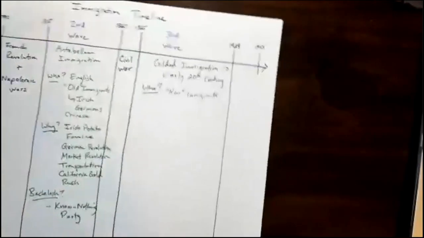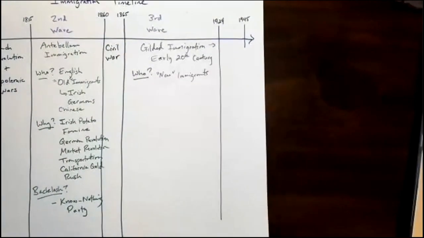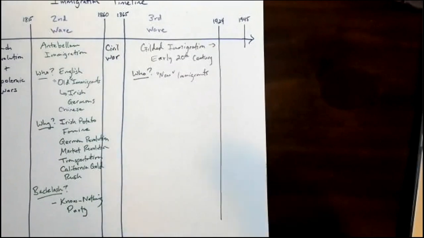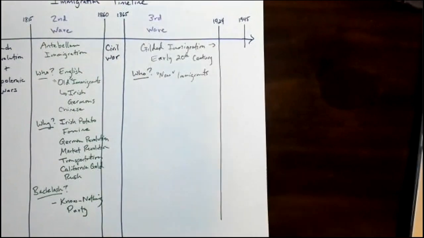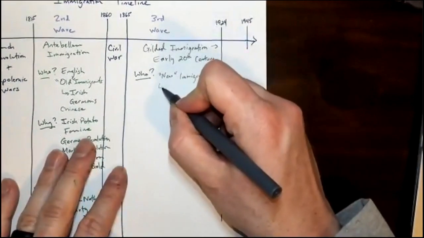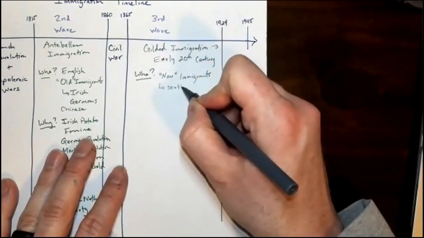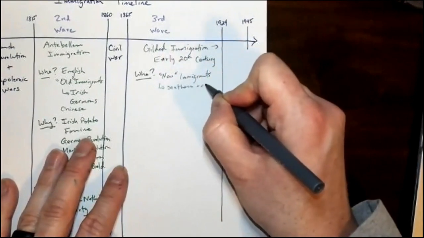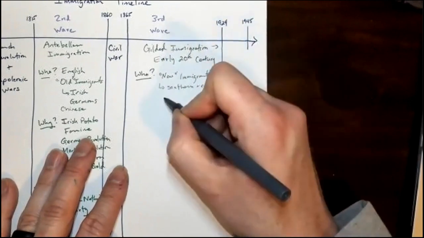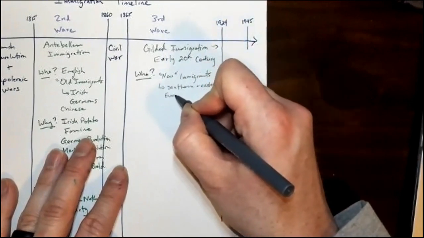These new immigrants are coming from South and Eastern Europe as opposed to Western Europe, which is where the old immigrants were from. So these new immigrants are from Southern and Eastern European countries.